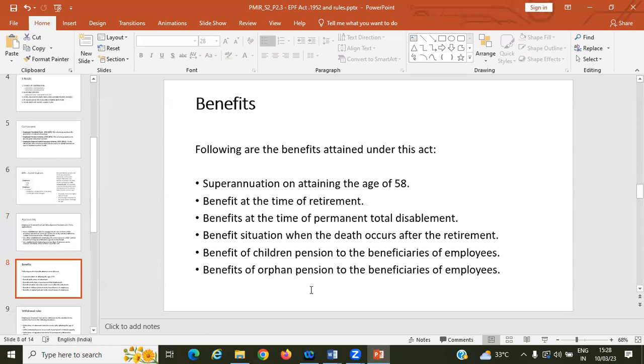So mainly retirement benefits and disablement benefits, death benefits, and the pension: family pension, orphan pension, children pension. There are different pensions which come as benefits in this act. So there are a number of benefits.